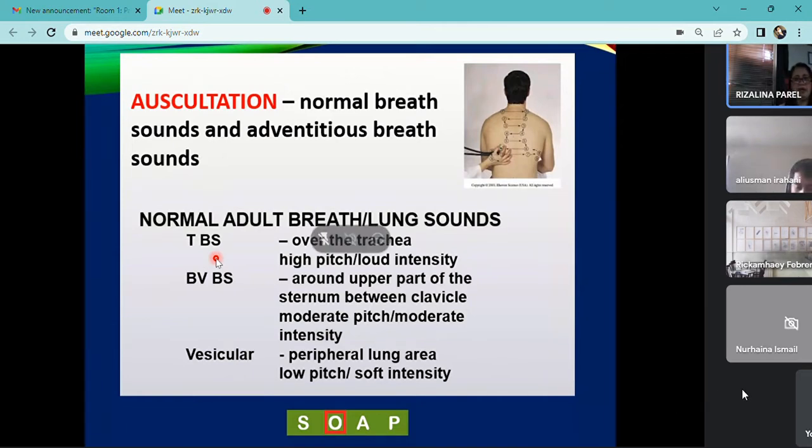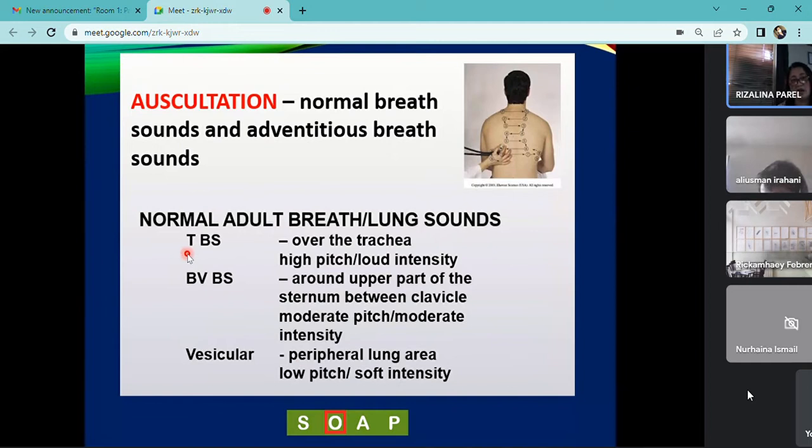While pag ang diaphragm ng ating stethoscope ay nilagay natin around the upper part of the sternum between the clavicle, ay makakarinig tayo ng moderate pitch, moderate intensity sound, and that is broncho-vesicular sound. Okay? Meron pang isa, yung tracheobronchial sound.